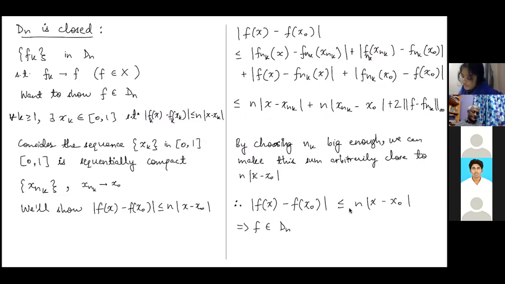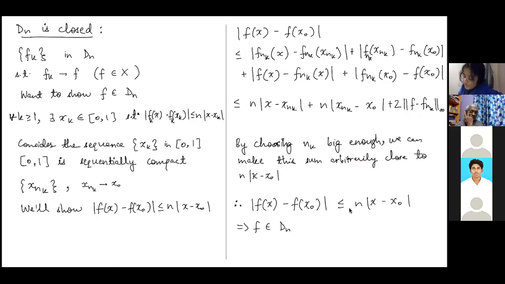Here, everything is fixed except for nk. nk is what we can vary. So what happens when we keep increasing nk? As we keep making nk bigger and bigger, f_nk gets closer to f, so this quantity gets closer to 0. x_nk converges to x0, so as nk increases, this quantity gets closer to 0.